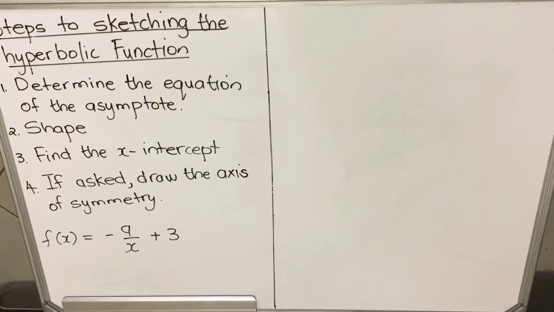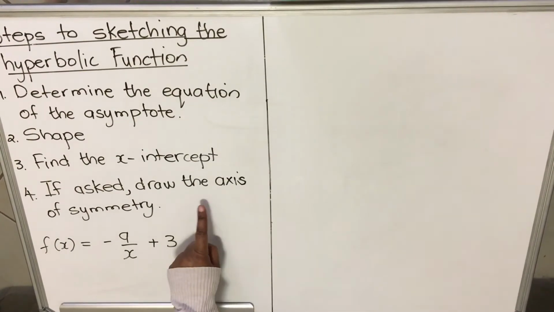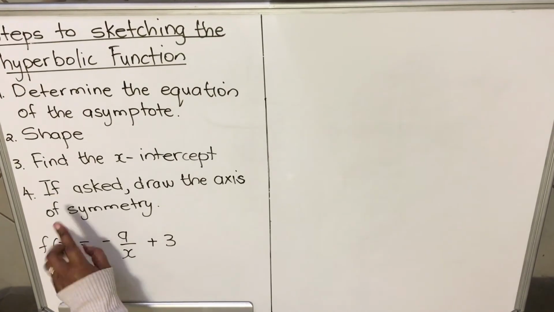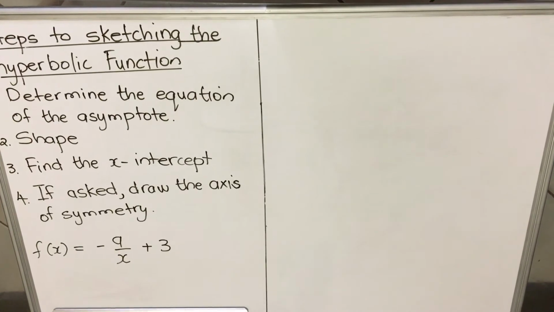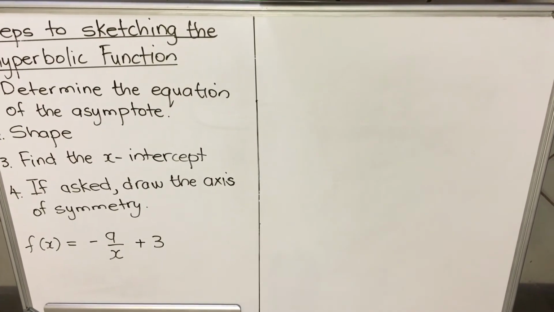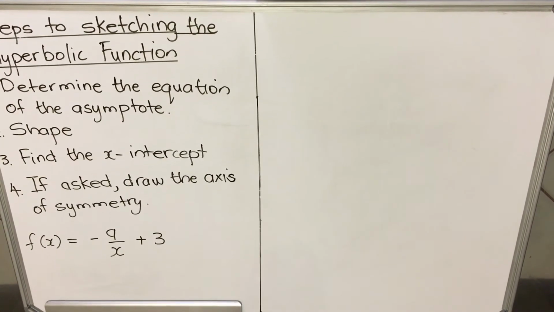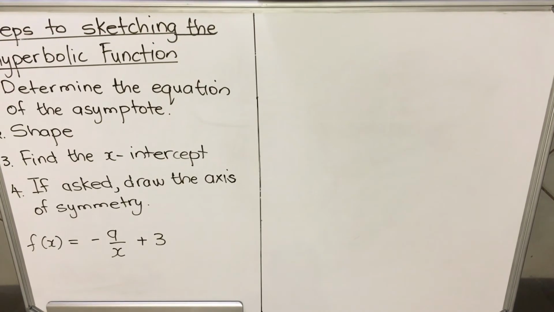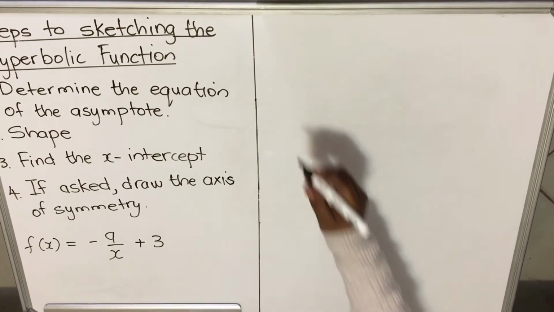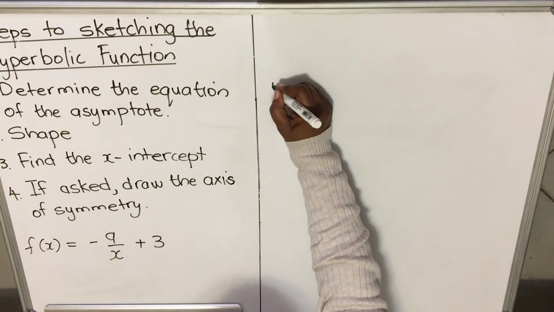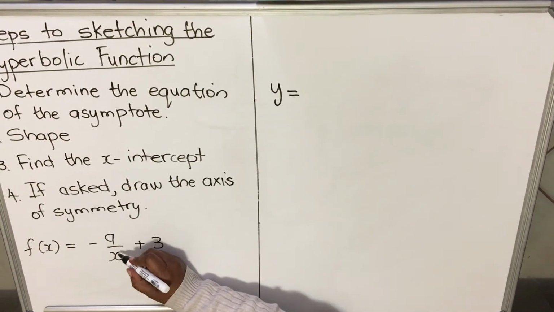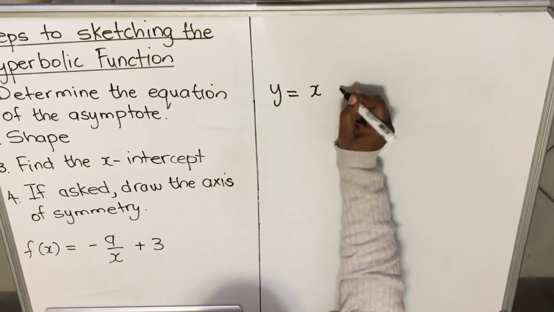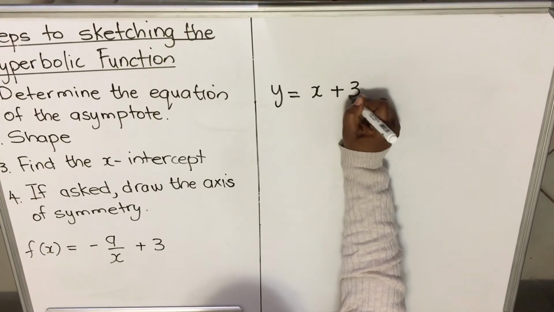In some question papers, you are asked to draw the axis of symmetry or to find the axis of symmetry. That's why it says if asked. So I'm going to show you how you do it. You remember with the first notes you had two formulas, of a positive gradient and a negative gradient. So when you are asked to find the axis of symmetry of the positive gradient, write y equals, then you say x, and then you say plus 3.